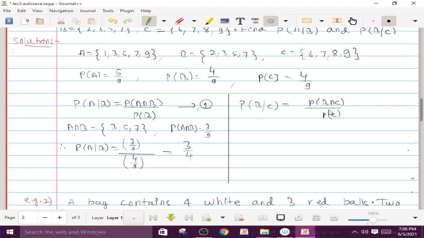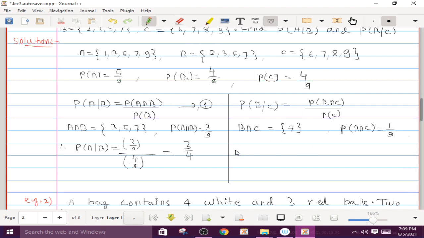So similarly here we can find out B intersection C. B intersection C is equals to, what are the common elements here in B and C? Only 7. So probability of B intersection C is equals to 1 upon 9, because in this B intersection C there is only one element out of total 9 elements.